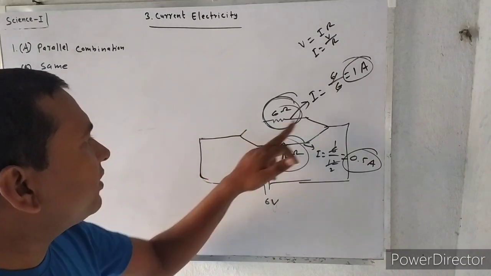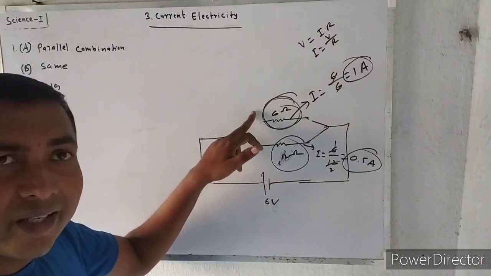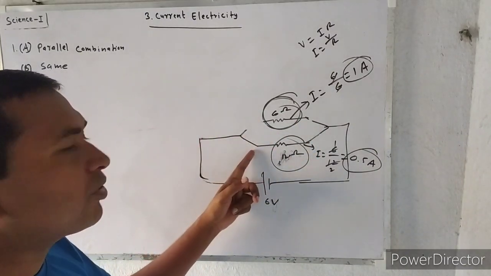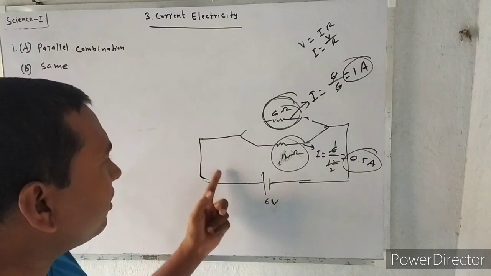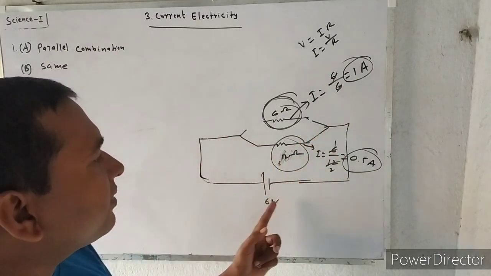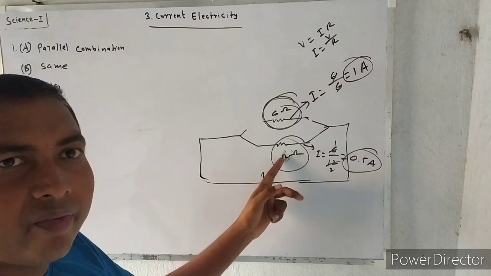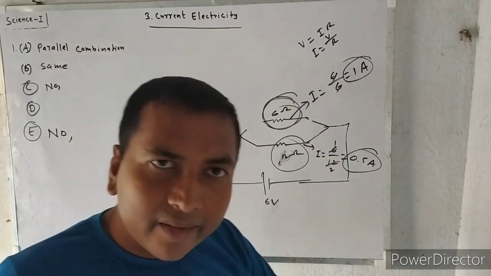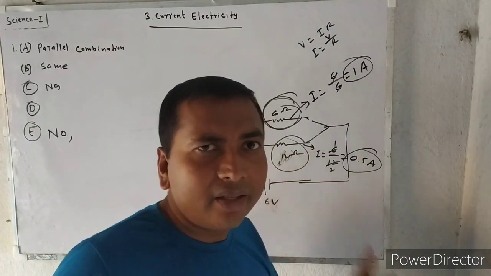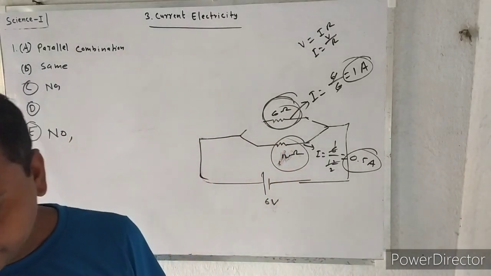So if one branch is broken, it doesn't mean this branch is also broken. All the current will pass through these appliances, and these appliances will work. Okay, this will not stop.